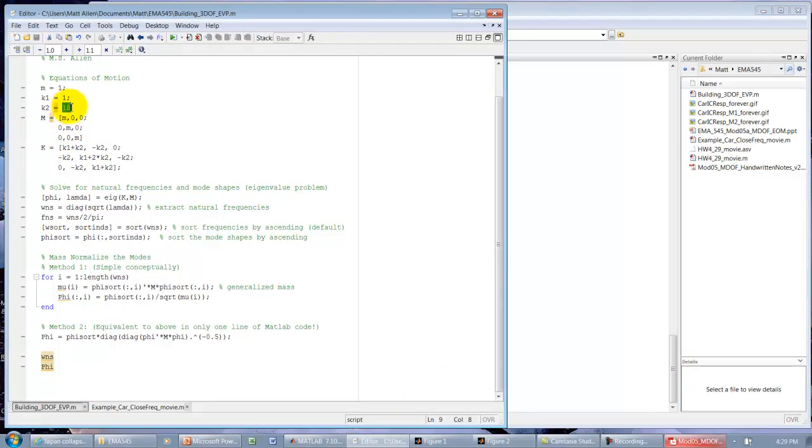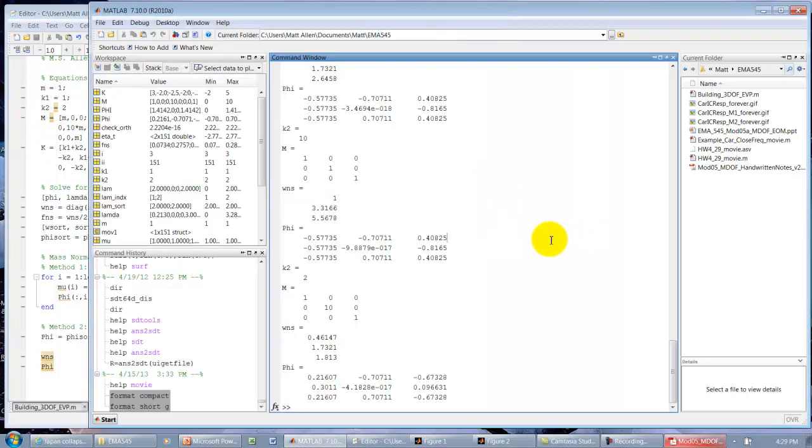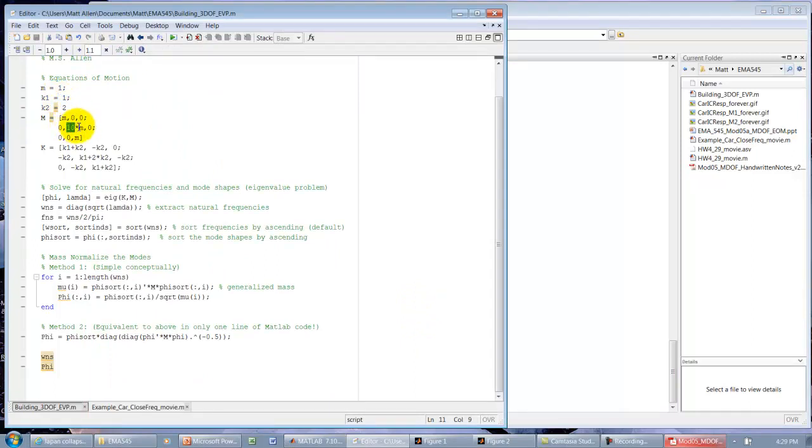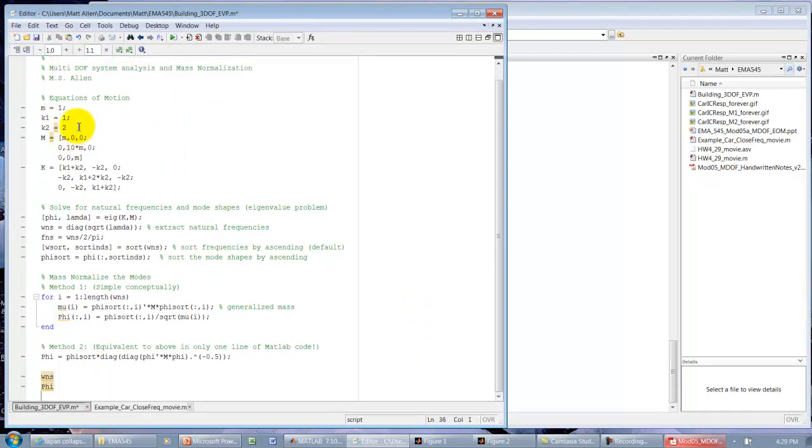Okay, one other case that might be interesting. Let's go back to what we had and let's make the mass in the middle 10 times larger and see what that does to everything. So again, the original stiffness, but that mass 10 times larger. And I'm going to rerun the baseline case so we can compare these two more easily.